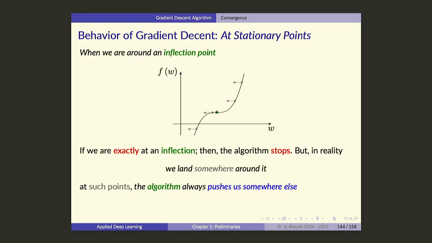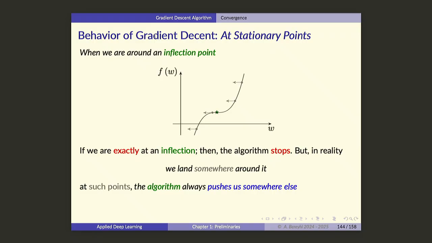Actually, if you want to find out whether it's an inflection point or not, you need to take the second derivative, right? If the second derivative is again 0, then it's an inflection point. But the sign of the second derivative is going to say what kind of stationary point that is. If it's positive, it's a minimum. If it's negative, it's a maximum. If it's 0, then it's an inflection.